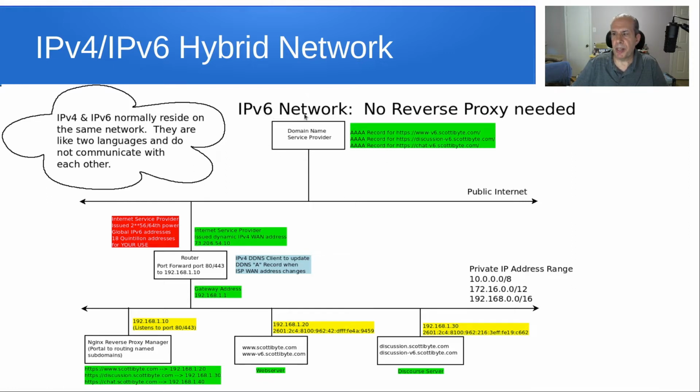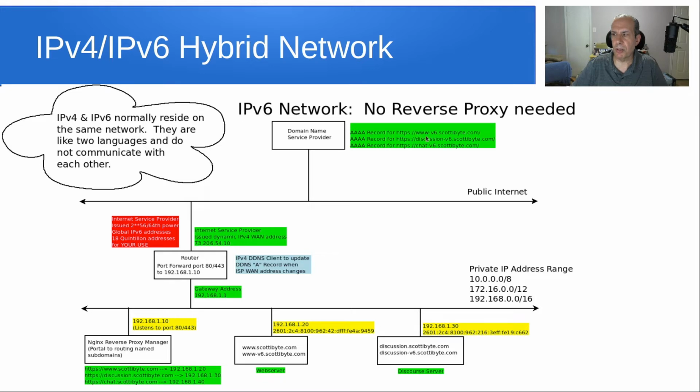So in the case of IPv4, we may have our dynamic DNS A record, or multiple A records, or CNAME records. But in the case of IPv6, we're going to have these things called quad A records, AAAA records. And we have to create a new name because we can't use the same name.